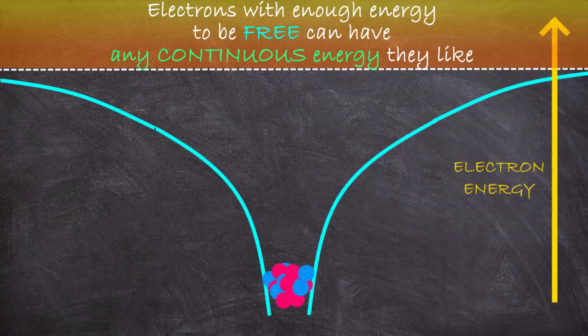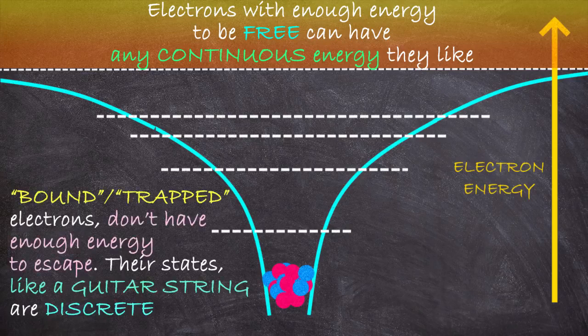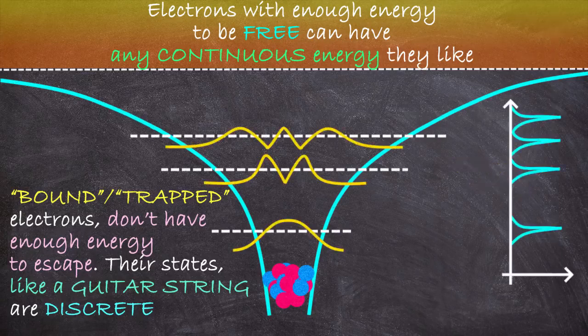Either the electron has enough energy to not be trapped by this pull, its initial speed is fast enough that it can avoid being caught, or it isn't, and it becomes held and confined. We say there are free states and bound states, which means it's formed an atom. And in one of those bound states, only certain energies can exist, just like our guitar string.